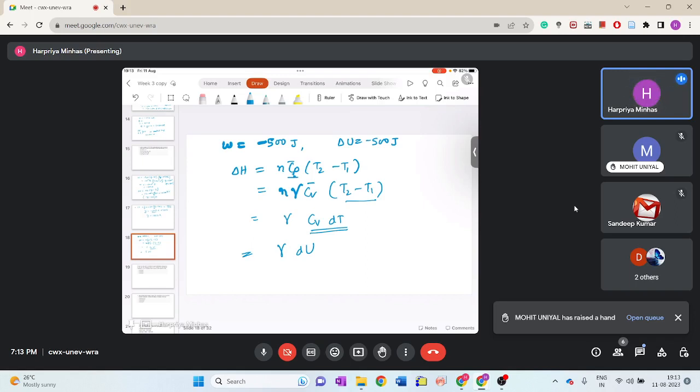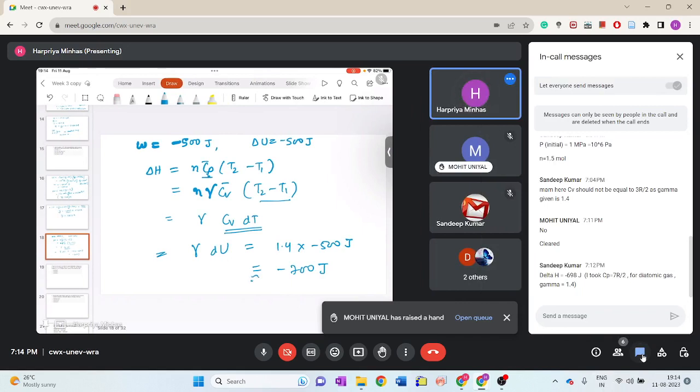Now using this, 1.4 is given, and multiplying by minus 500, that is minus 500 into 1.4, you will get minus 700 joules. The approximate value is minus 698 joules, roughly 700.